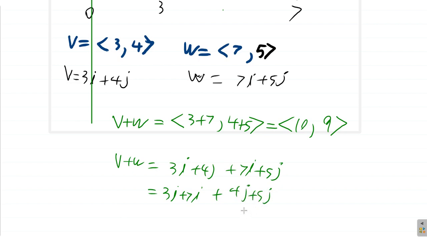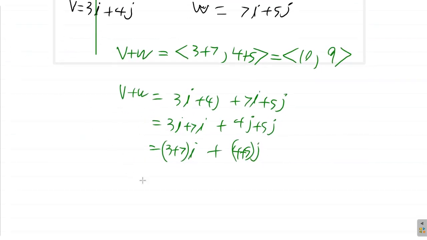You see that? You can factor it if you want and say it's 3 plus 7 i. That means horizontal plus 4 plus 5 j, the vertical components. You see that? So it would be 10i plus 4 and 5, 9j.